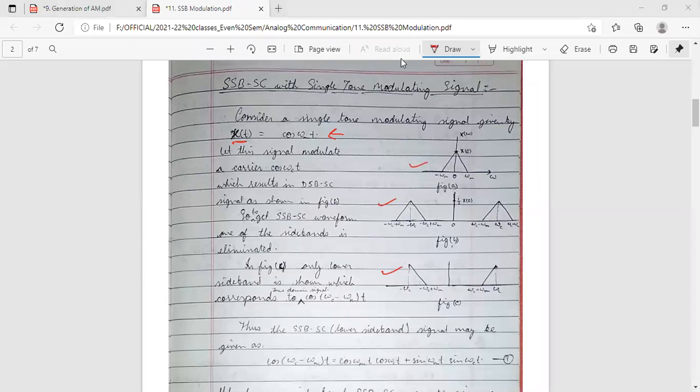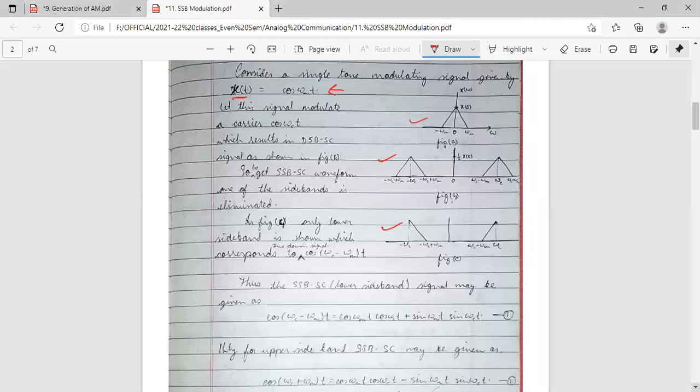So here, whatever theory is given, we have x(t) as cos omega m t and we have the carrier as cos omega c t. So in figure C, only the lower sideband is shown. Figure C, this is the figure C.